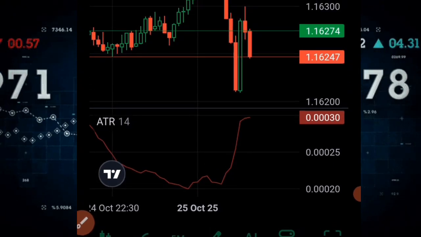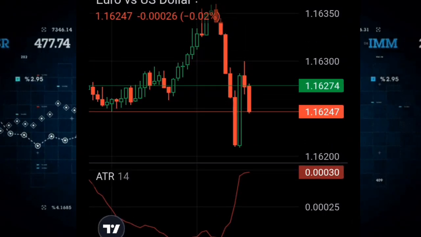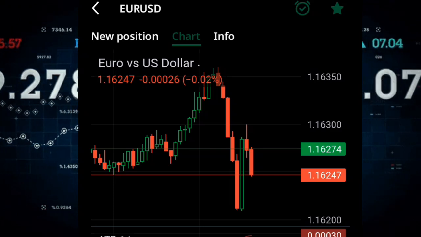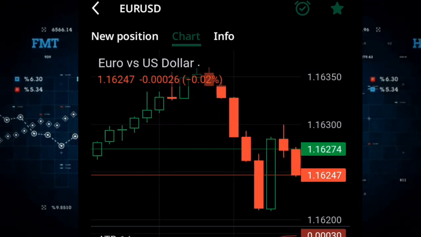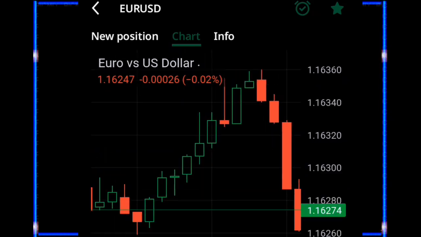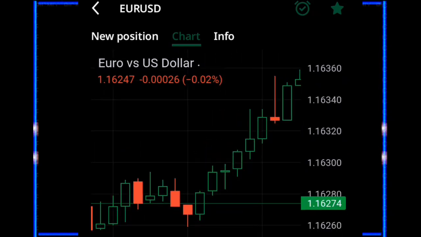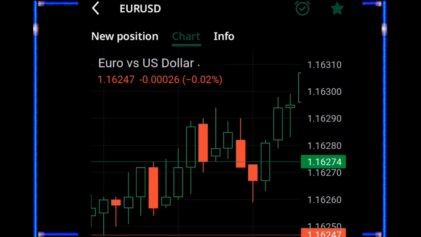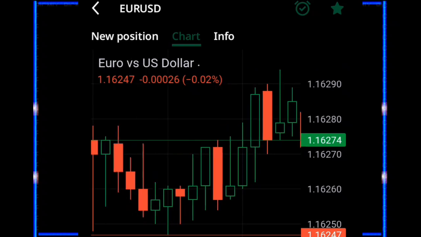Now this is our chart, EUR/USD. We can enlarge it to see how the chart is performing. Once we have finished analyzing our charts, we can now place a trade.